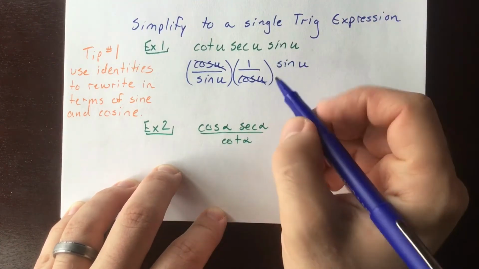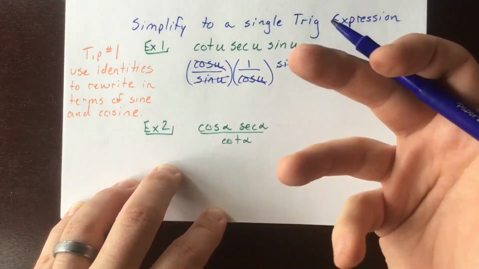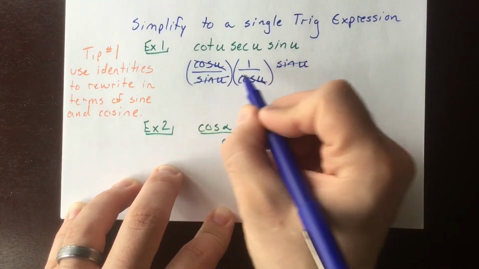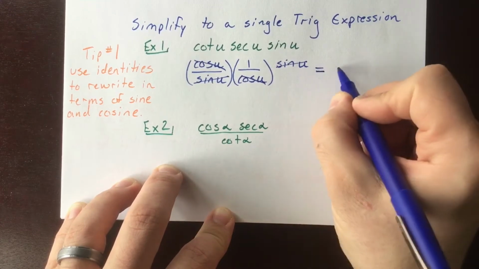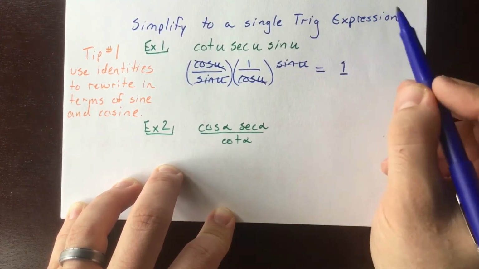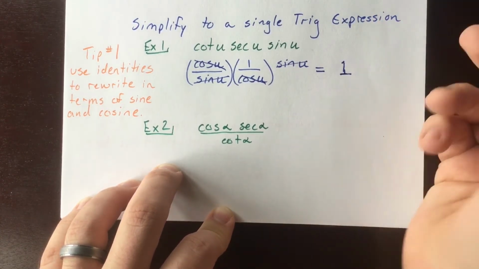And then we have sine in the numerator, sine in the denominator, they go to 1. So this whole expression with each piece canceling simplifies to just 1. They might argue this is not a trig expression. Well, this is just the identity, it's just 1.